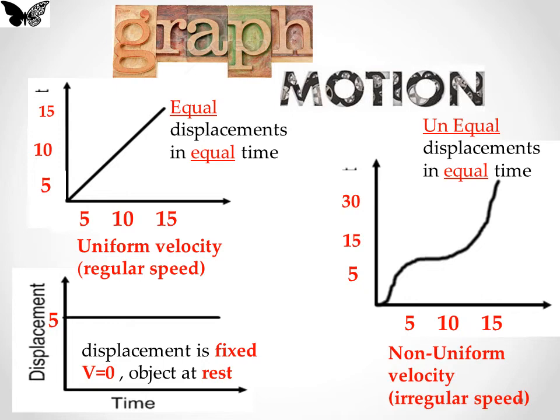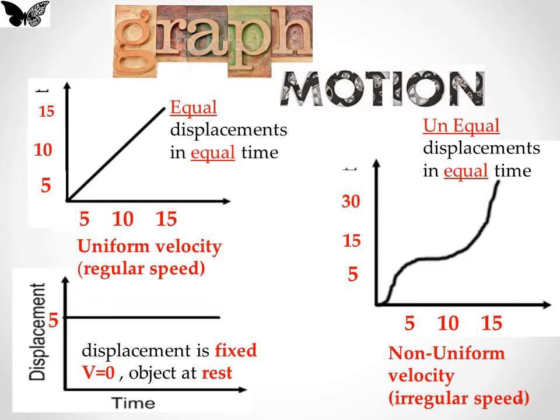So there is a slightly straight line passing through the origin. But then it moved 15 meters, which means from 5 to 15, another 10 meters. 10 meters is moved in 5 seconds, so unequal displacements in equal periods of time. The motion is represented by a curved line passing through the origin.